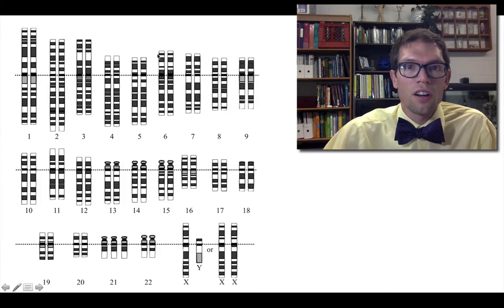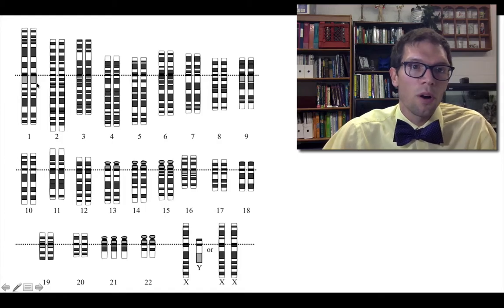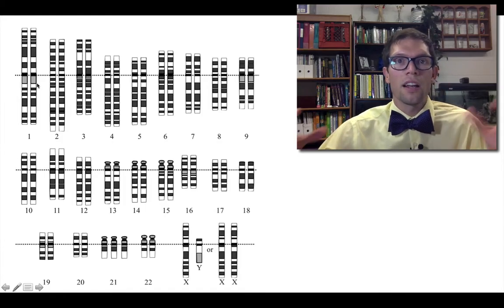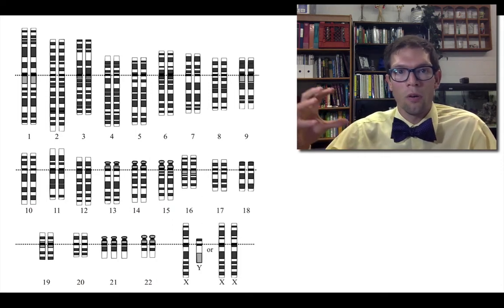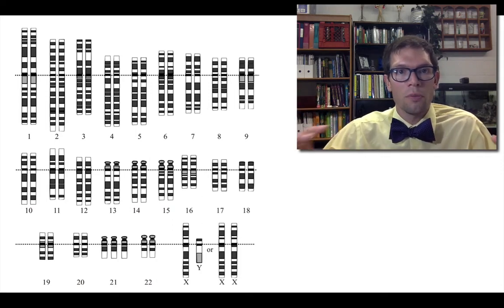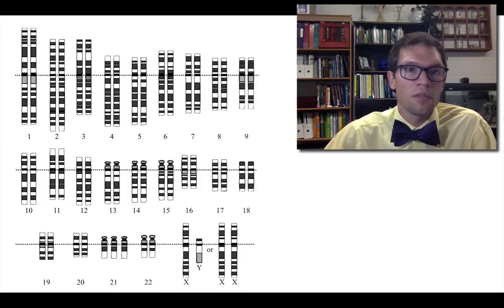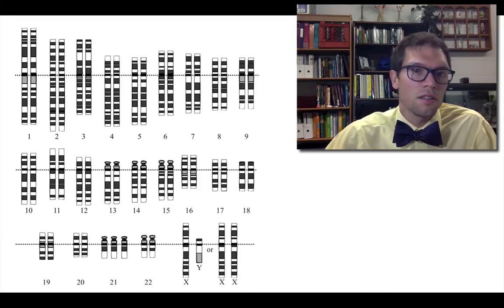So most of these larger chromosomes, especially, if you end up with missing one or having an extra one, so being either monosomy or trisomy, you end up dying. It's a lethal situation. Usually these individuals don't even survive to birth, but if they do survive to birth, it's generally a short-lived life.